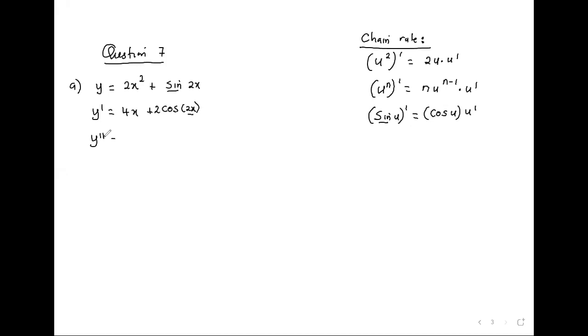Our second derivative: derivative of 4x is 4, minus, because of cos, derivative of cos is negative sine 2x. Derivative of 2x is 2, then 2 times that 2 there, we get 4. So our solution is 4 minus 4 sine 2x. That's the second derivative.